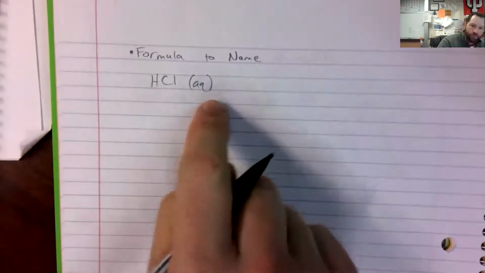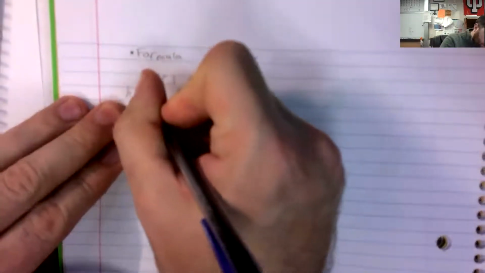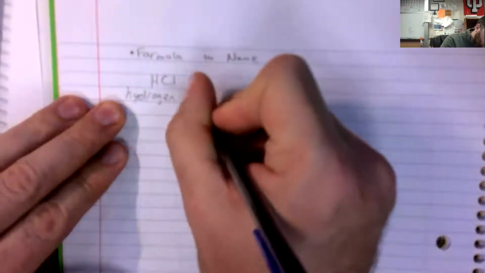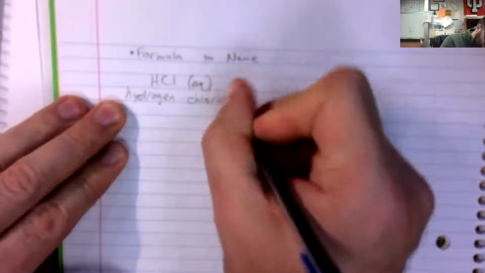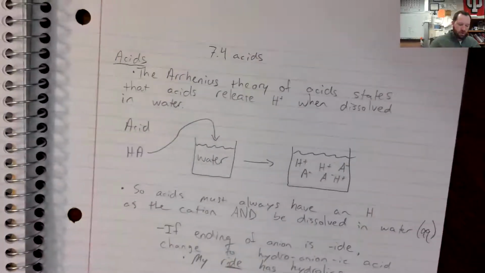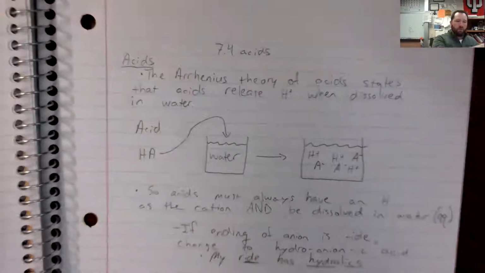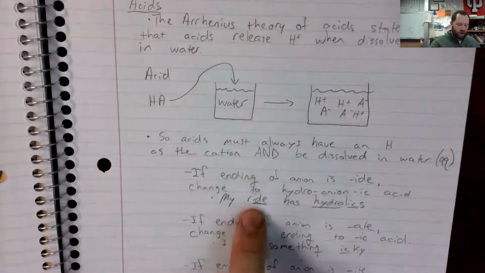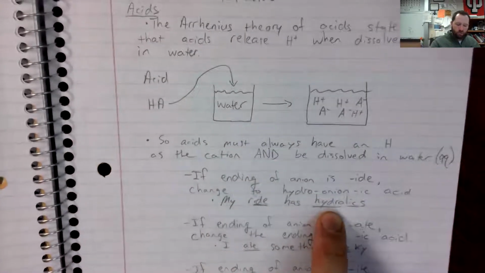It starts with H, ends in aq, dead giveaway we're working with an acid. If I were going to name this regularly, I would call this hydrogen chloride. We see the IDE there. We think back to the other side: IDE becomes hydro, anion-ic.